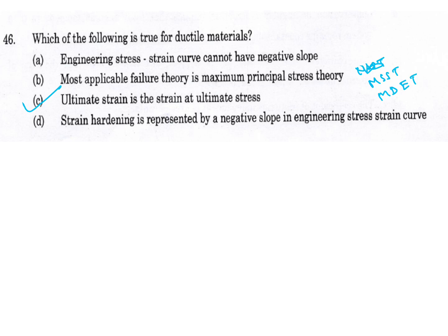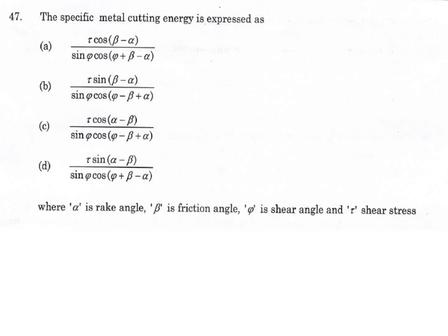Specific metal cutting energy. Specific energy is FC VC divided by your MRR.